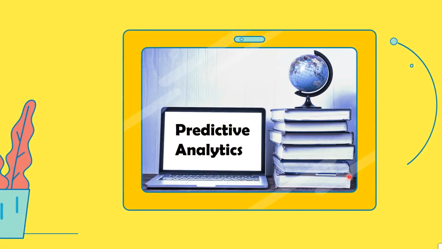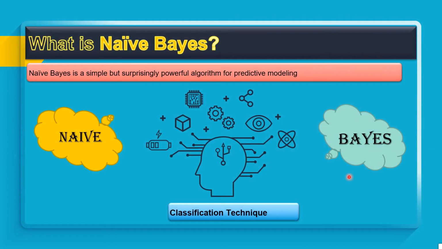Now, Naive Bayes is a simple but surprisingly powerful algorithm for predictive analysis. It is a classification technique based on Bayes theorem with an assumption of independence among predictors. It comprises two parts, which are Naive and Bayes.